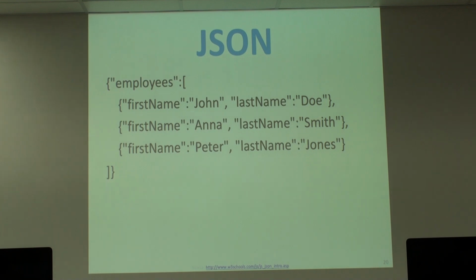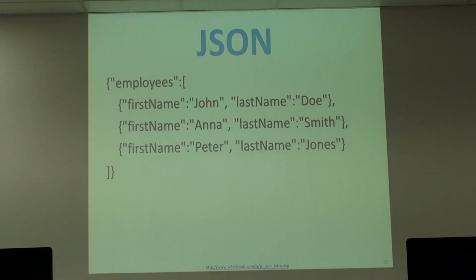How many employees are there in this database? Three employees, right? And how many columns are there in this database? Two. What is the column name? First name and last name, very good. And what are the values of the first name column? Very good.